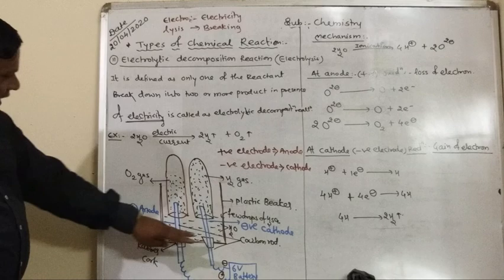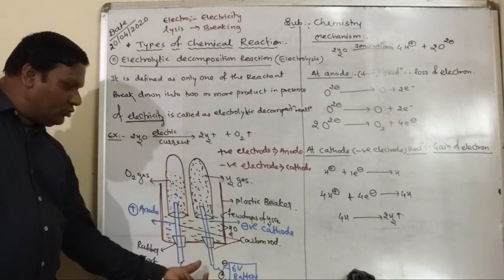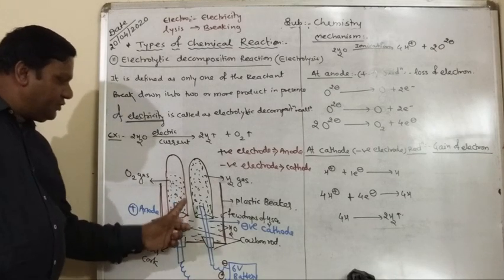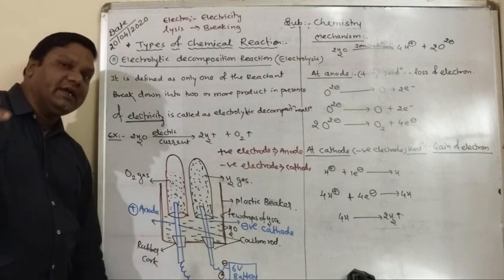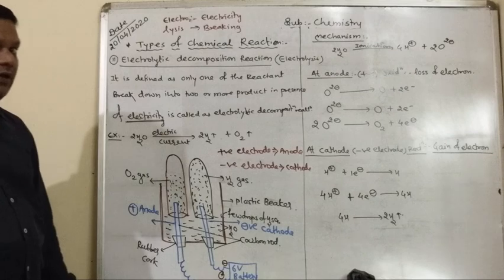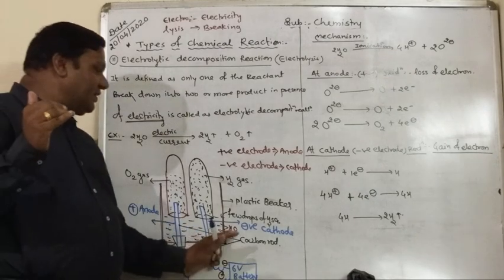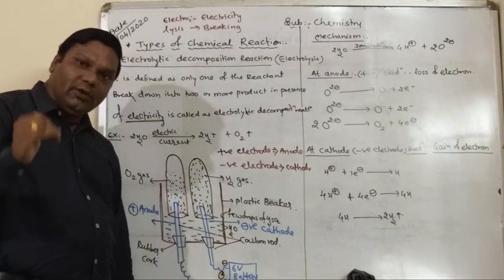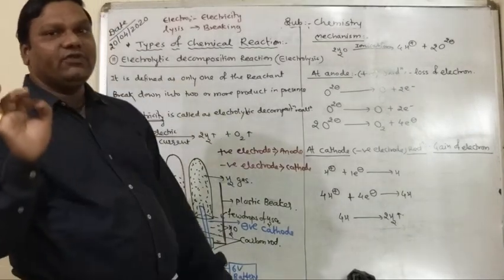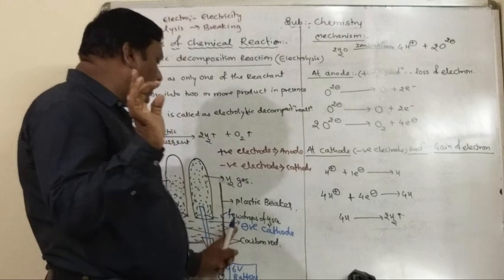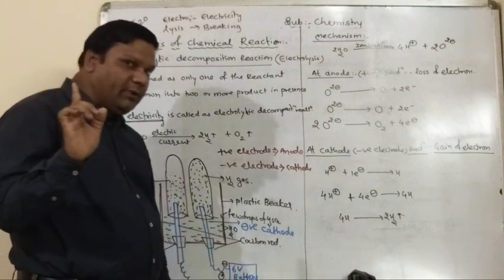After connecting these electrodes to the battery, fill up the water to half of the capacity of the beaker. Suppose this beaker is 1 liter, so you take 500 ml of normal water, then add a small amount of dilute sulfuric acid. For what purpose?